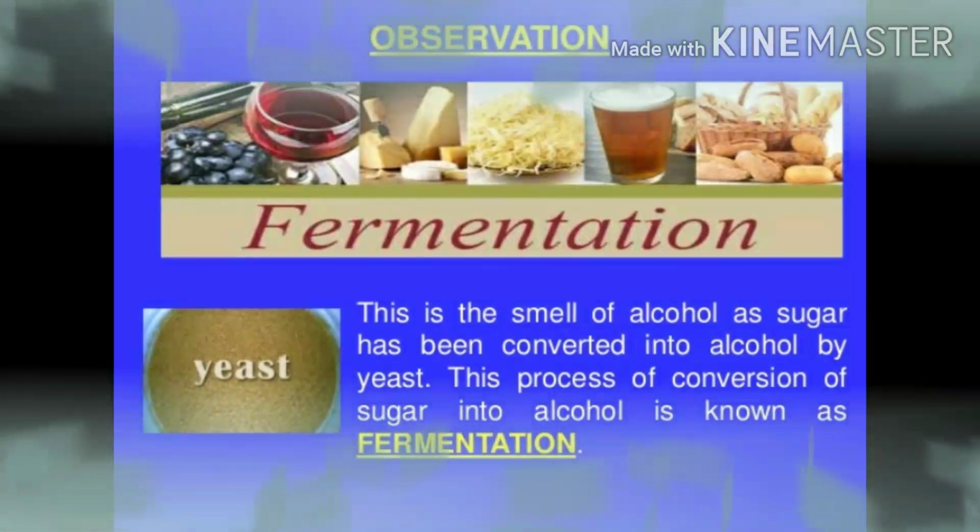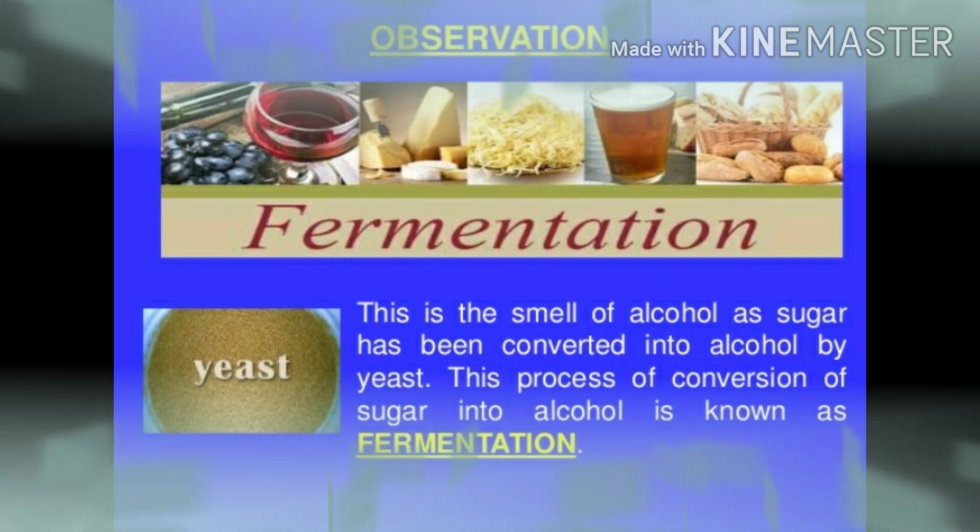By this fourth activity, we can get the smell of alcohol as sugar has been converted into alcohol by yeast. This process of conversion of sugar into alcohol is known as fermentation. Fermentation is the chemical breakdown of a substance by bacteria, yeast or other microorganisms.